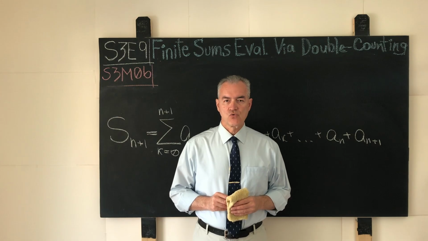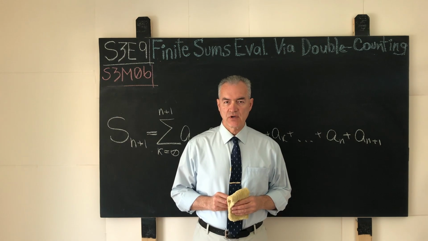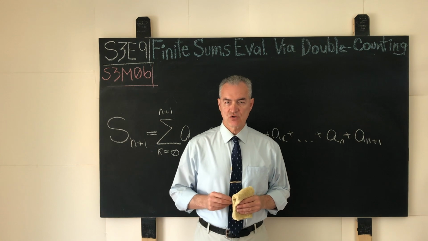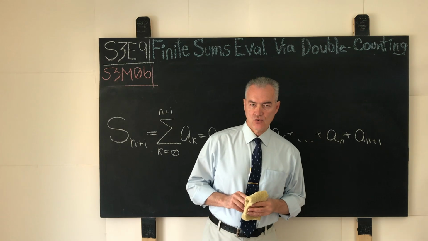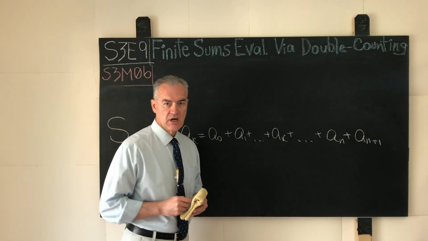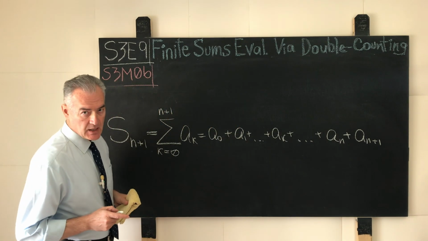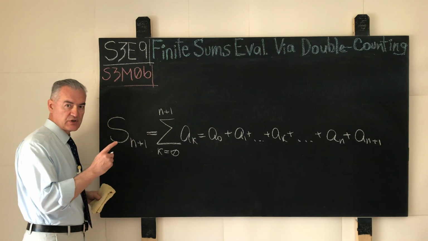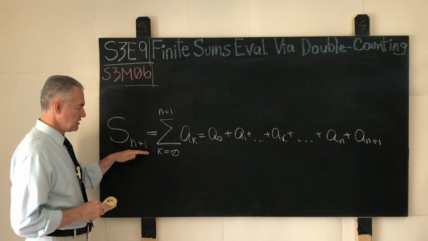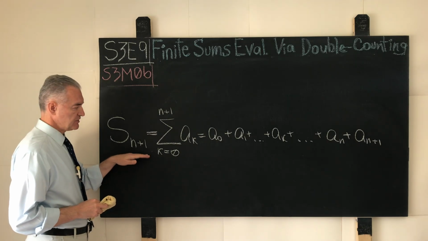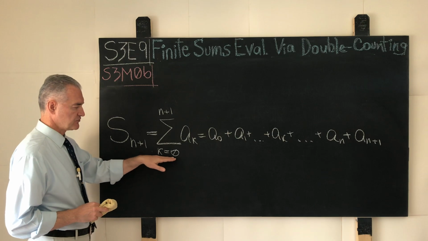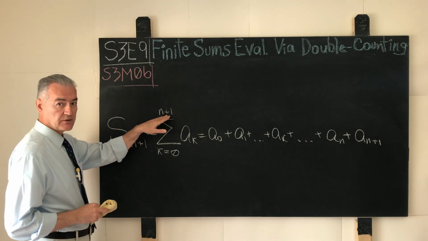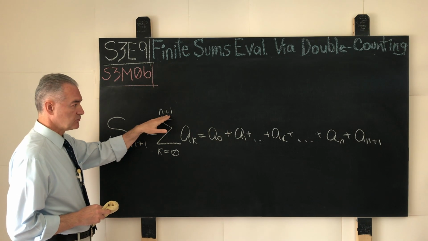Setting up the ground for double counting and setting up the ground for an opportunity to generate two stories, iterate the index or the size of the given sum rightward once by setting n to n plus 1 and writing the given sum S sub n plus 1 as the sum of the terms a k, where k varies from 0 to n plus 1, not n, but n plus 1.